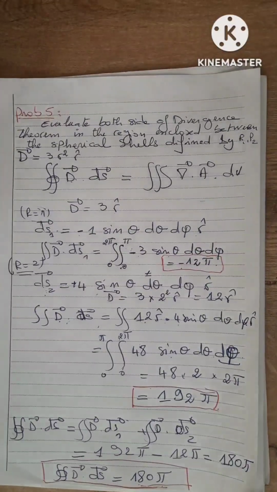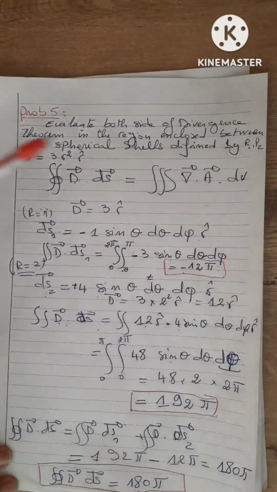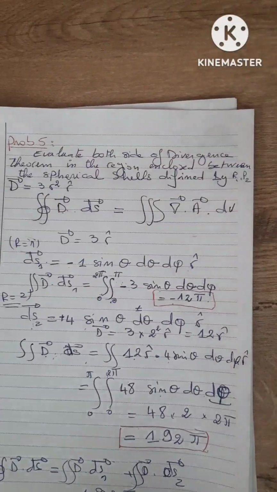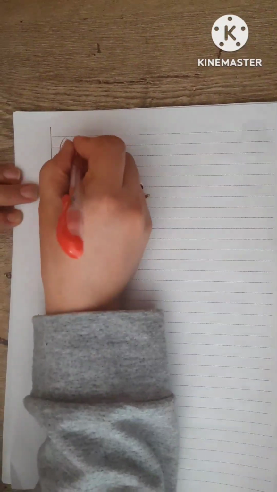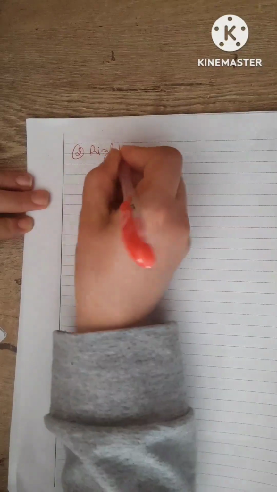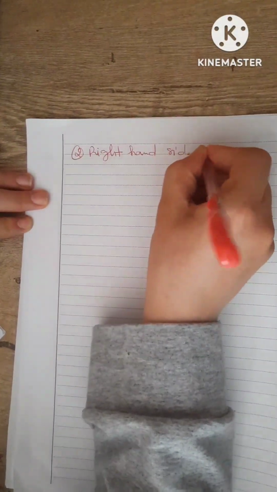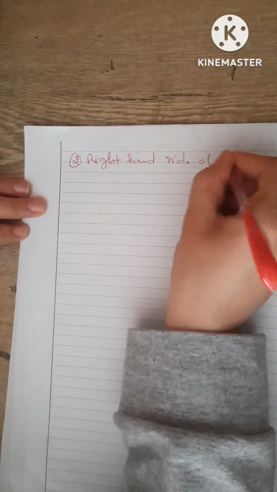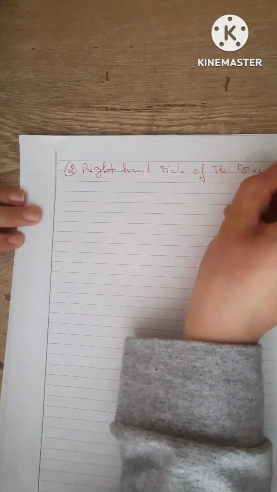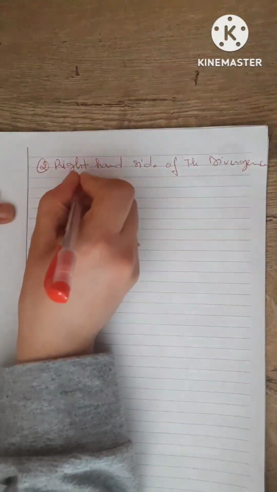Okay, now we have to find the same result with the divergence of D dV. So the second method uses the right hand side of the divergence theorem.